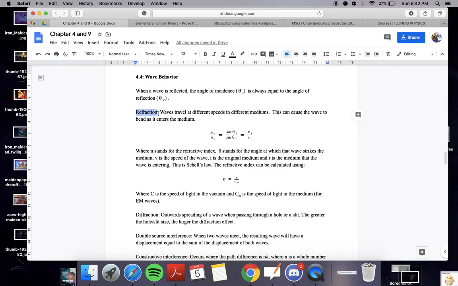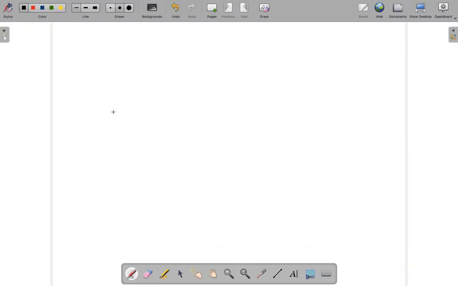Now, refraction. Refraction is another property of waves. Because waves travel through different mediums, and they actually travel at different speeds in different mediums, this can cause the wave to bend as it enters the medium. So let me try and show you exactly why it bends.